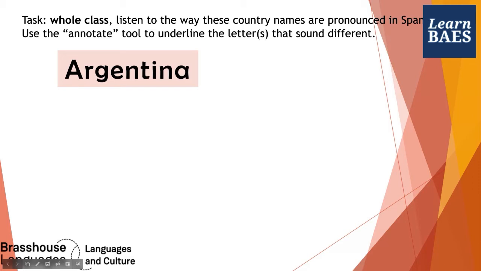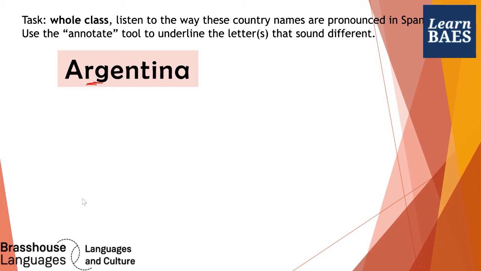Argentina. Is it G? Yeah. And the sound in Spanish is like a strong H. And the R sounds different as well. It's a lot stronger in Spanish, I think. Argentina. Uh-huh.